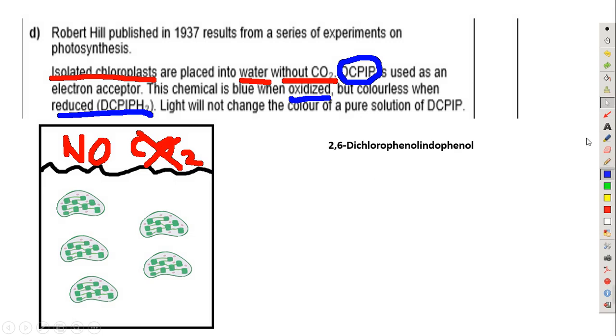First thing, why is it called DCPIP? That's just the main letters of its name. You have them here: D, C, P, I, P. The full name is 2,6-dichlorophenolindophenol. You don't need to know the name. You just need to know how this electron acceptor works in this experiment.